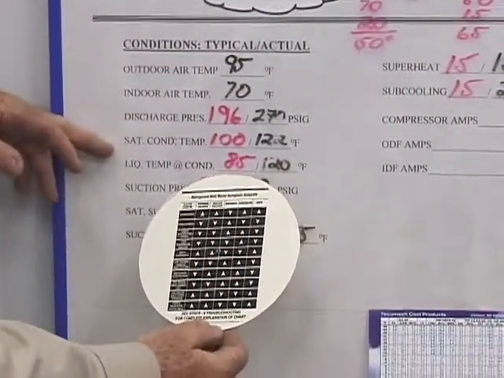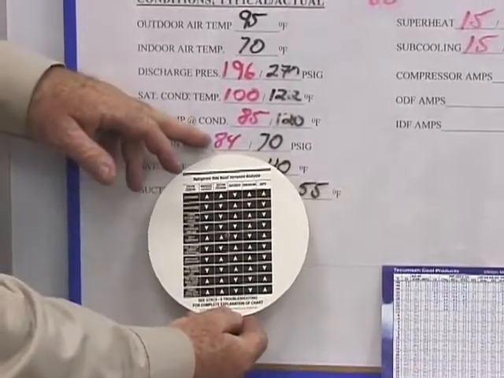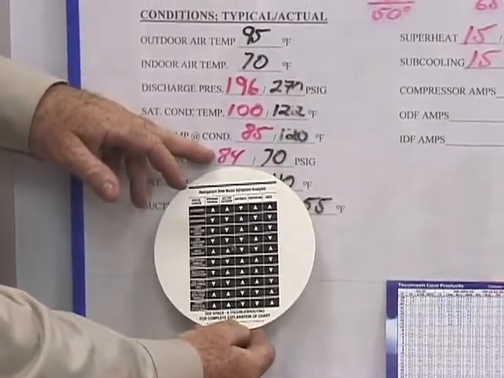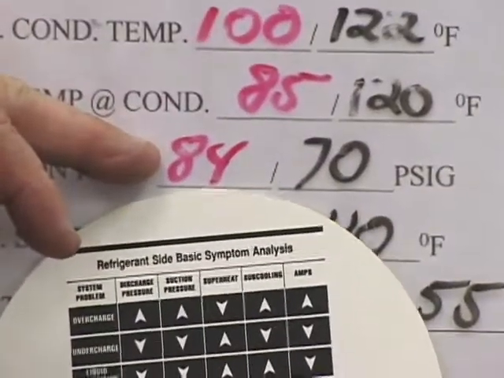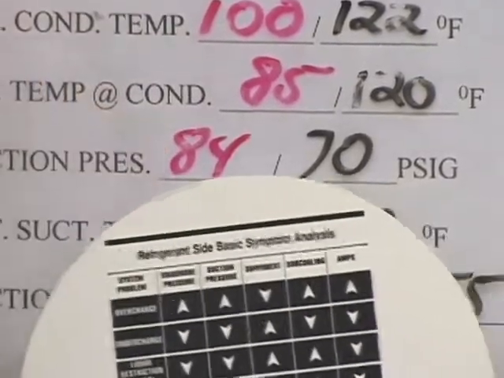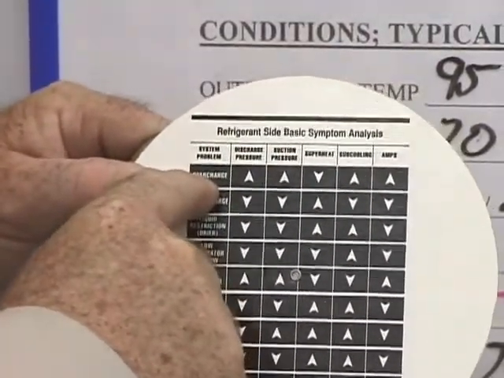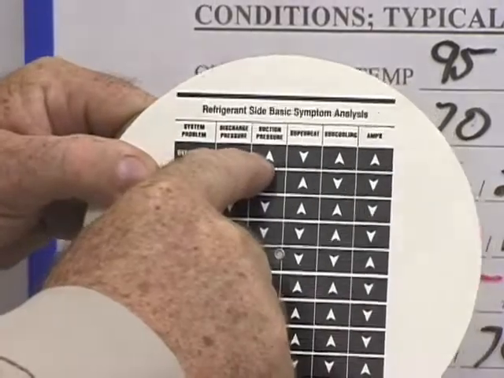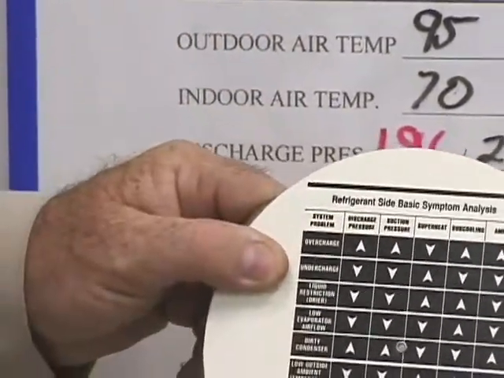Then we come down to our suction pressure, which in this case should be 84, and what we're receiving is a low pressure. It's lower than 84. So then we come across here and we say, we thought it might be overcharged, but because the suction pressure isn't high enough, that probably won't be the problem.